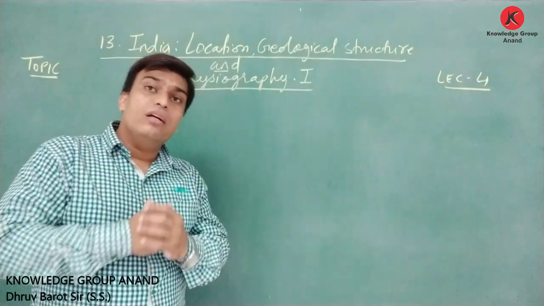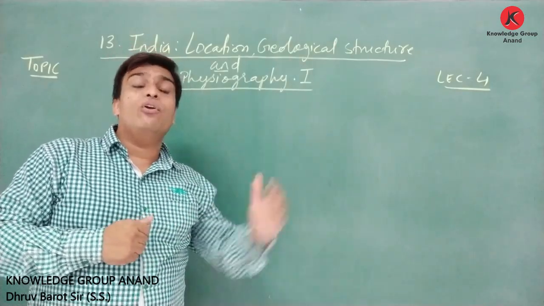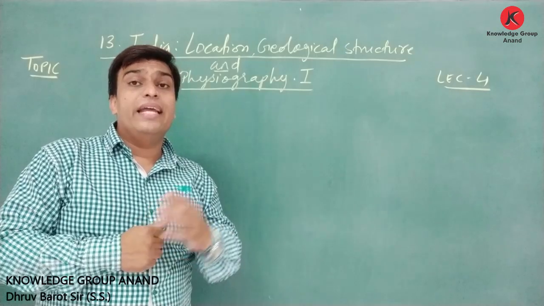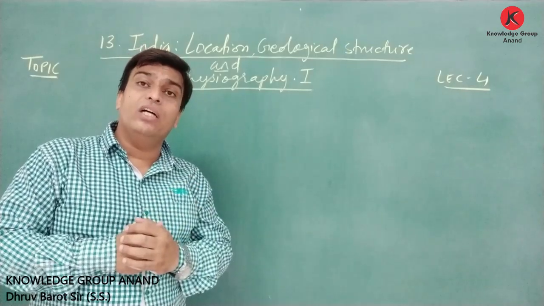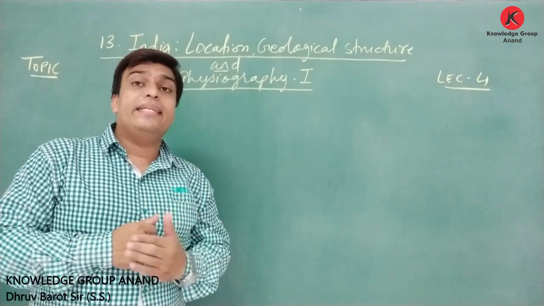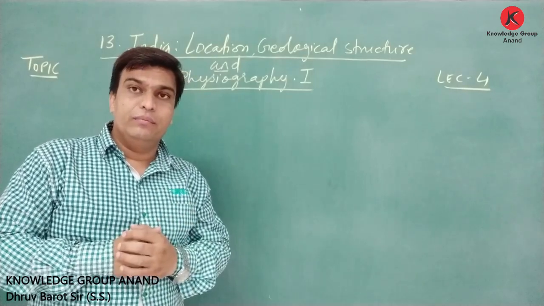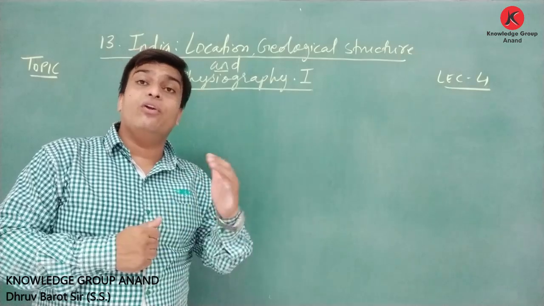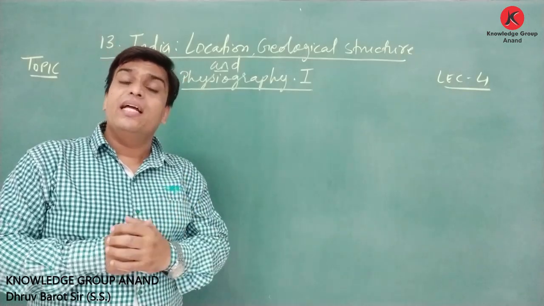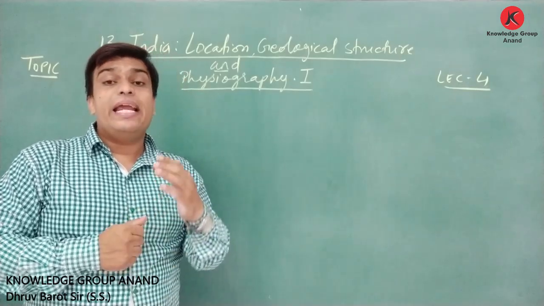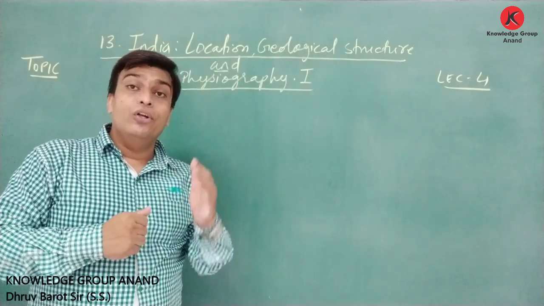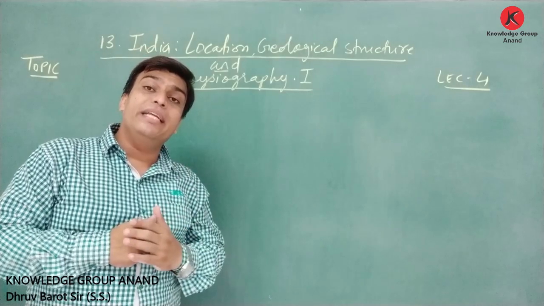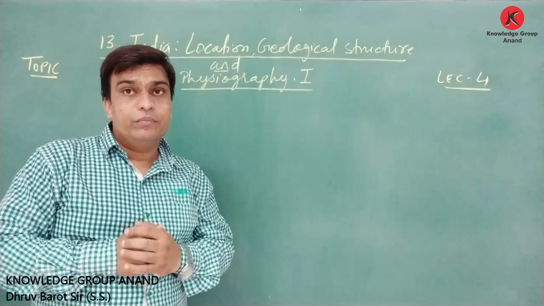If we talk about the latitudinal and longitudinal way, we all know that there are imaginary lines on the globe of the earth which are known as latitudes and longitudes. According to the latitudinal and longitudinal direction, India is located from 8 degree 4 minute north latitude to 37 degree 6 minute north latitude.